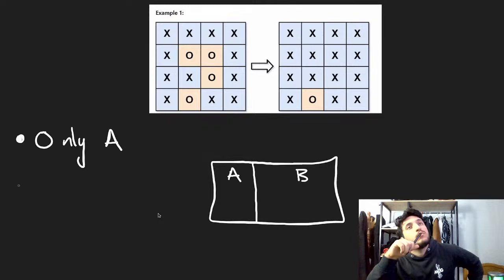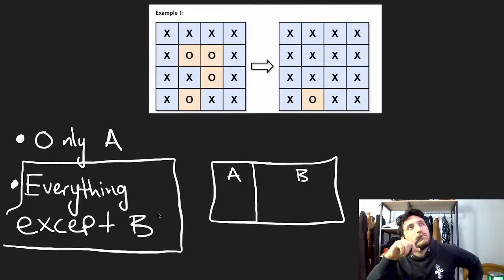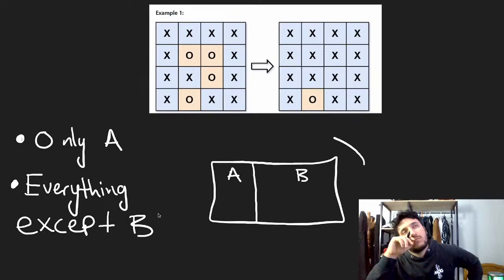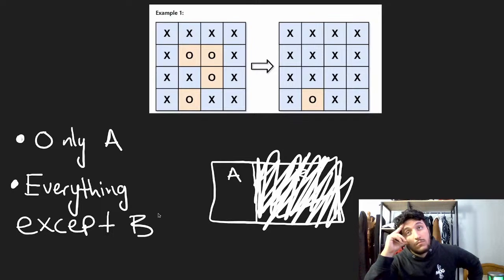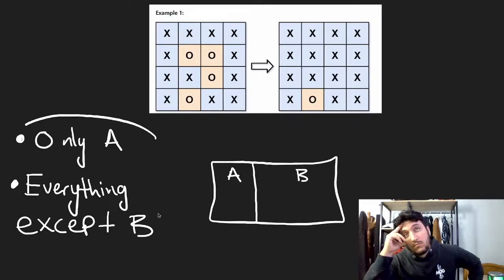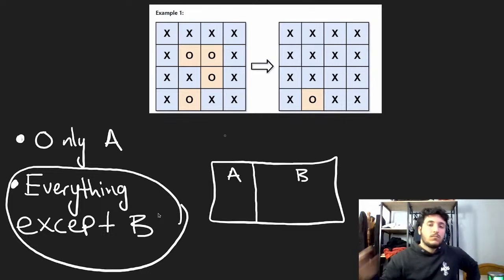But a more complicated and kind of useless way to talk about it, in English at least, would be to say, give me everything in the paper except for B. Just cross B out. Why would you say that when you can just say, just give me A? Of course, that's the simple way to say it, but sometimes this reverse way of thinking can be helpful, especially in programming. I'm sure you guys have already experienced that.